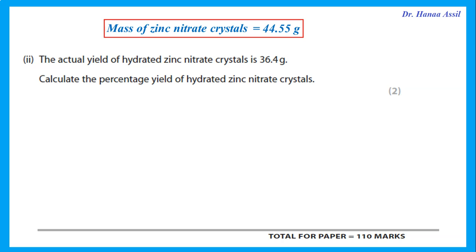But the actual yield is what? They actually got 36.4. How do we calculate percent yield? It is the actual over the theoretical that we calculated times 100. This is 81.7% yield.